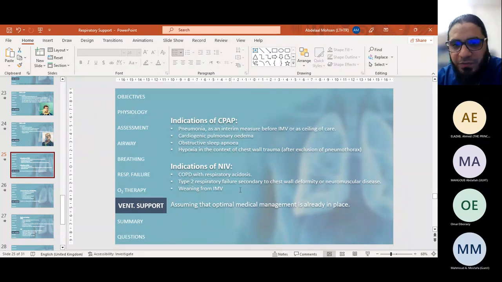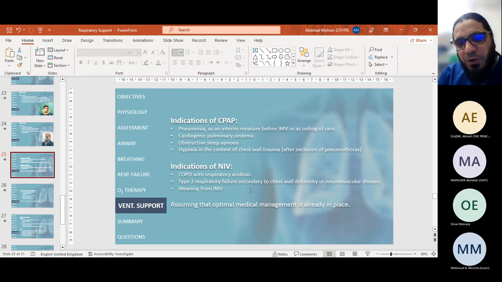But for NIV, it's mainly to correct the hypoventilation. You need more air going in and coming out of the lung to wash out the CO2 and improve the hypoxia as well. For pulmonary edema, the main pathology is not in the ventilation. The patient can breathe, the air can go in and out, but the problem is the alveoli itself is filled with fluid.